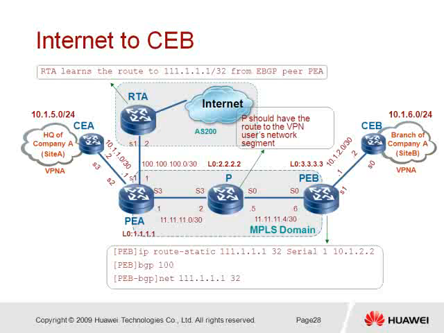For example, on P, using the command IP route static 0.0.0.0 11.11.11.1, or on PEA, using OSPF default route advertise to advertise the default route automatically.